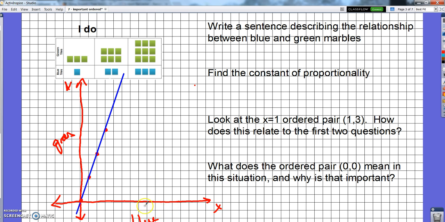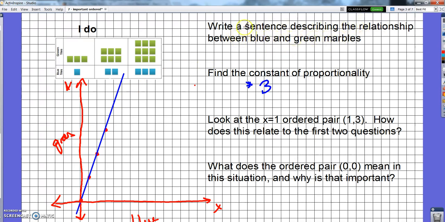So here's the same graph of blue and green tiles. And we've already found the constant of proportionality in this one. And it was 3, so I want to start there. And I want to talk about a couple other things you can do. So the first thing is knowing this constant of proportionality. It says write a sentence describing the relationship between blue and green marbles.